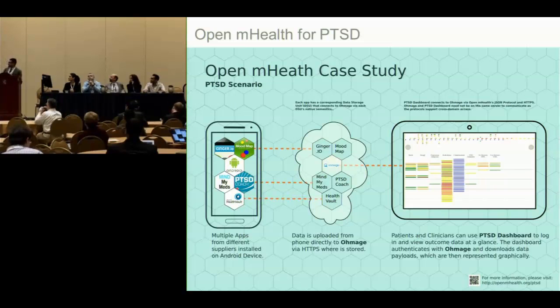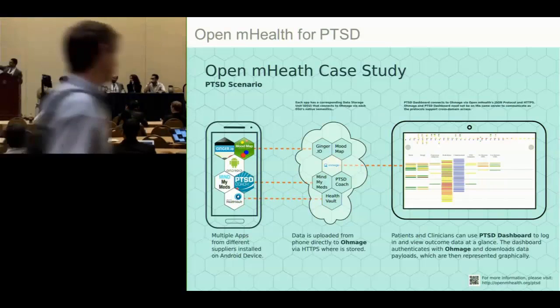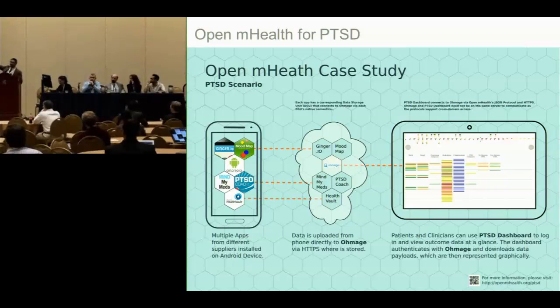These apps individually are great, but the real power of the open architecture is that we can take those applications, use the open APIs and open protocols that we've been building over the last year, bring them up into the cloud, and visualize them in a meaningful way so that a patient and their clinician can have a conversation to understand how that patient is improving or not, and get to the meaningful results that patients need to get healthy.